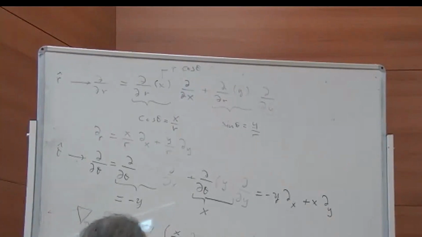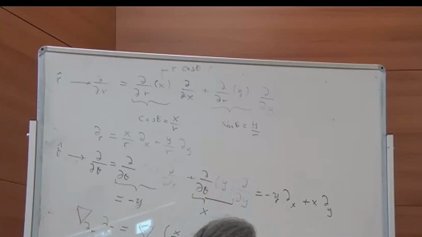So this is d/dr, x over r d/dx and d/dr acting on the function, d/dy plus y over r, d/dr d/dy.